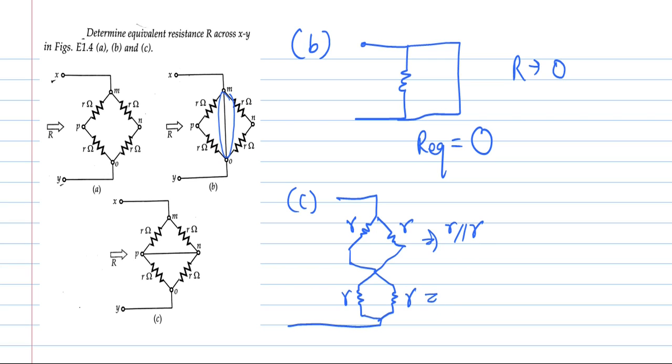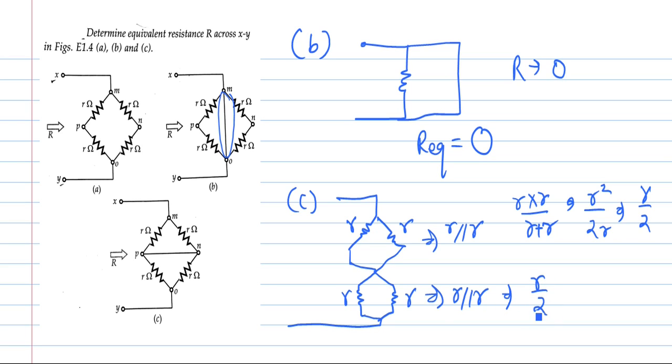R is parallel with R, and this also, R is parallel with R. So here we will get R into R upon R plus R, that is equal to R squared upon 2R, or we can also say R by 2. In a similar manner, here also we will get R by 2, and the whole combination will give us R equal to R by 2 plus R by 2, that is equal to R.